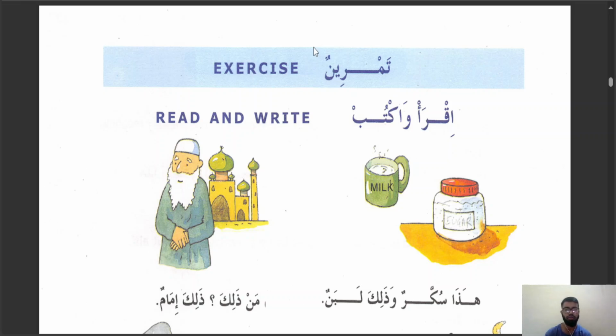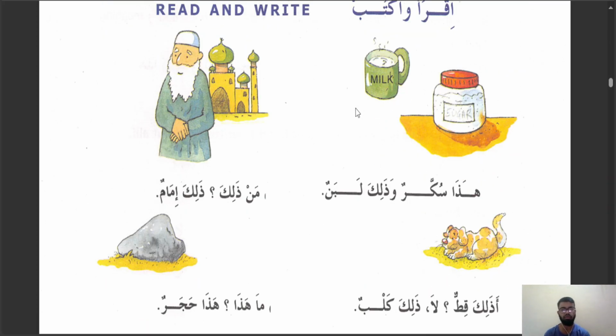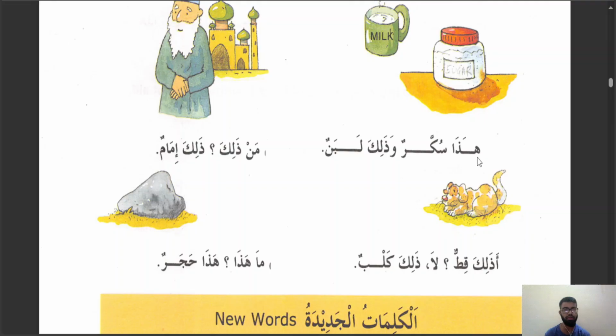So we are going to go into the exercises. The first exercise says Iqra wa aktub, read and write. You can write if you want, but for now we will just go ahead and read it. Hadha sukkarun wa dhalika labanun. This is sugar and that is milk.